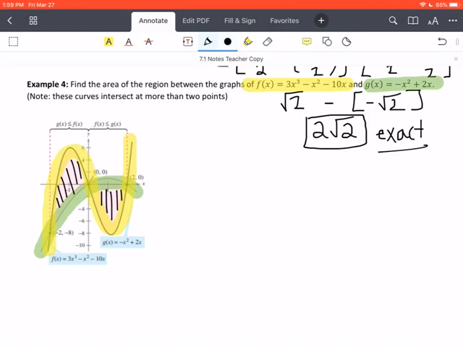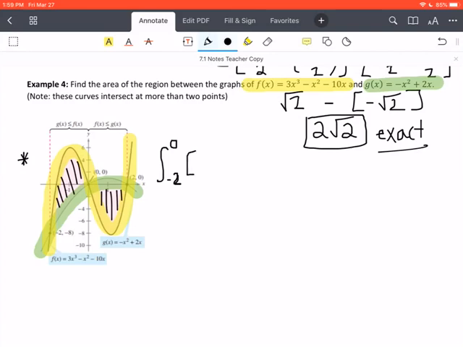So if I treat this portion as integral 1, I'm going to look at the integral from, look at your x values of the intersection points, -2 to 0. And what is my upper function? It's the f of x. You can see it in yellow.